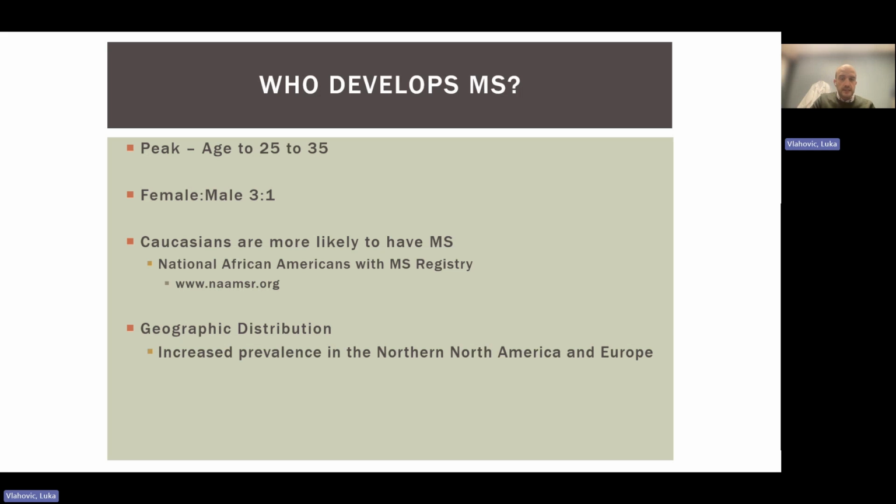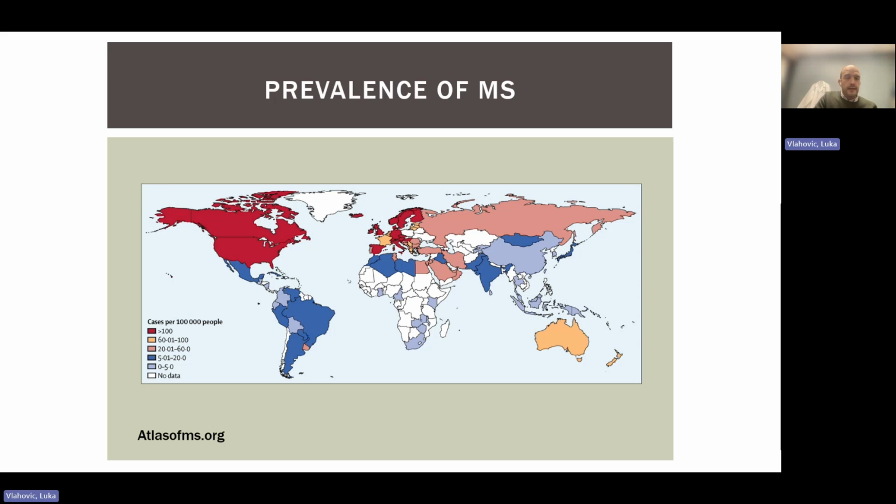And I believe the next slide shows that. So let me just show. There are different colors that code for different prevalences. For example, in this particular picture, the red color indicates a prevalence of above 100 per 100,000 people, while this blue color represents 5 to 20, so a much lower prevalence.